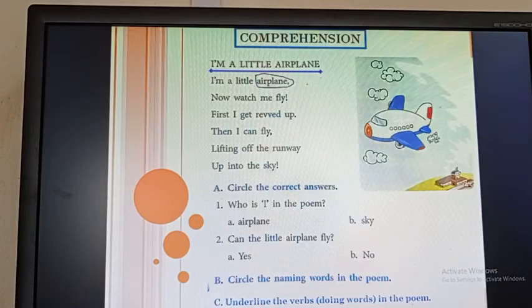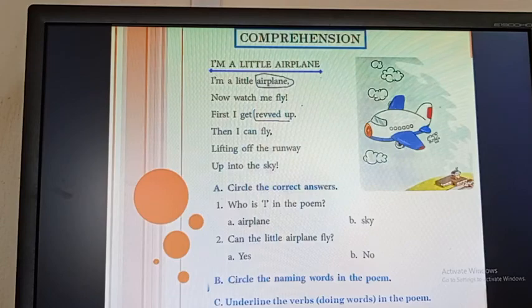I am a little airplane here, which is the verb? Now watch me fly. First I get revved up, then I can fly, lifting off the runway up into the sky. Okay. There are verbs here. One I am circling. Revved up. This is a verb. Okay.